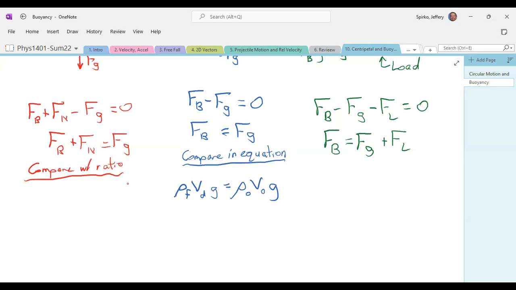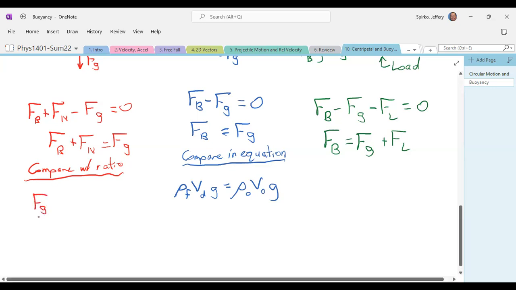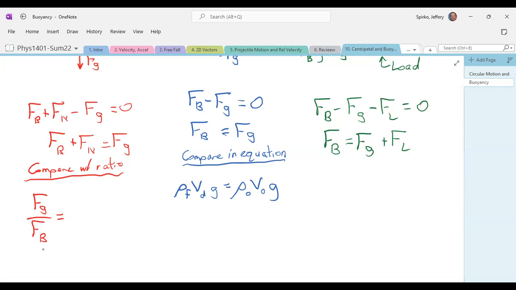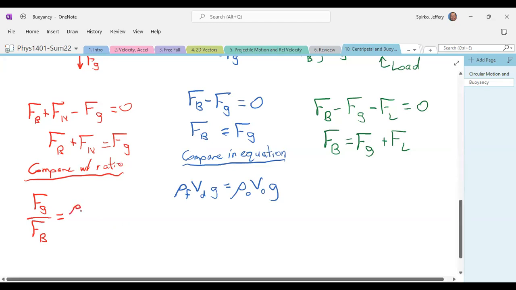But then I'm going to compare my force of gravity divided by my force of buoyancy. Now that's just one side of a fraction of an equation. And usually I'll know one side or the other of the equation, and I can use this equation to find the unknown thing.